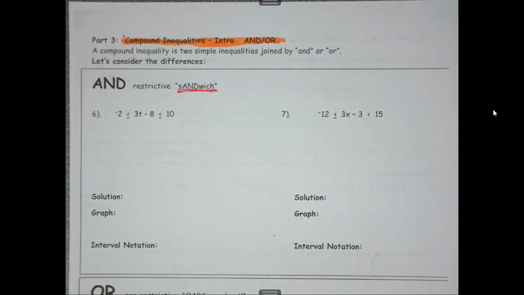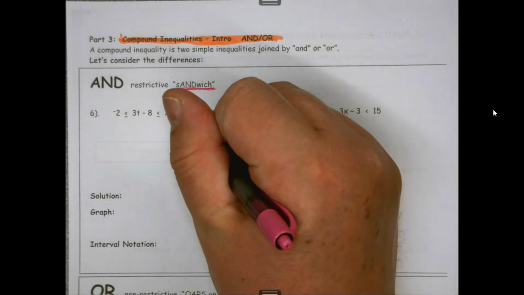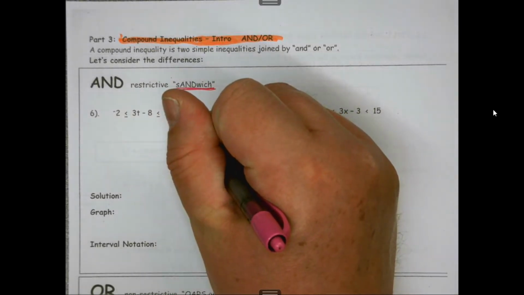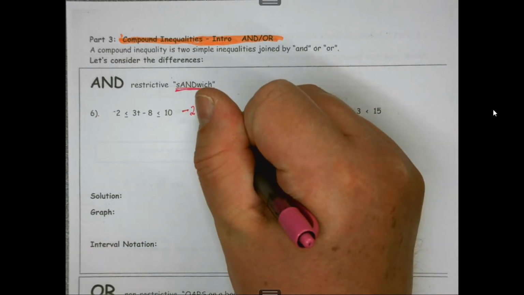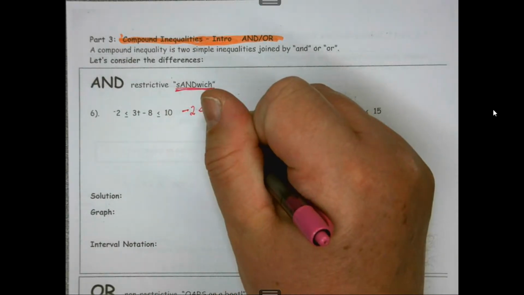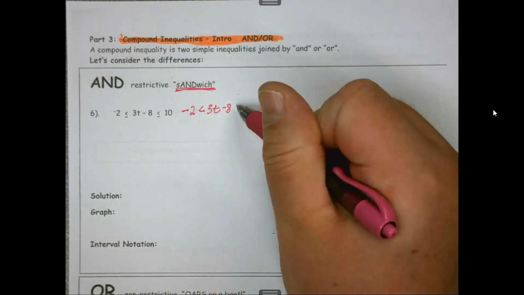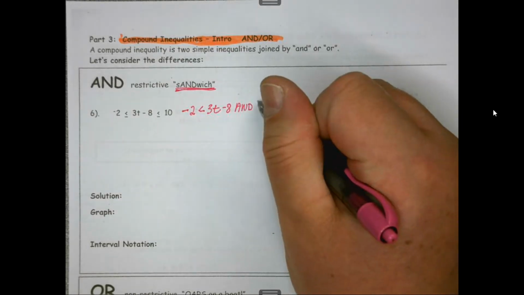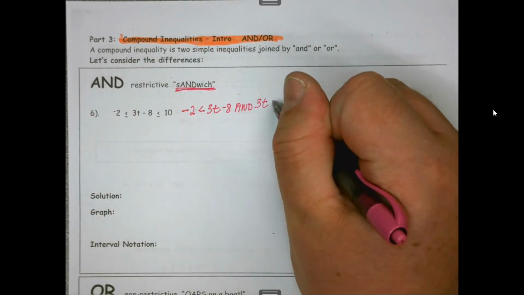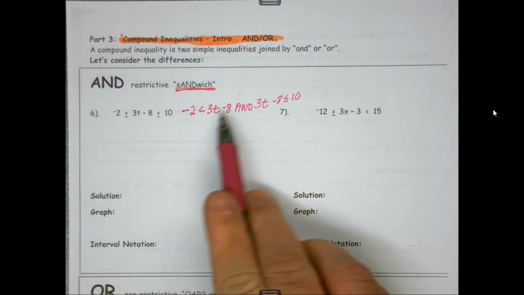If I were to expand this, these two inequalities would be negative 2 is less than the quantity 3t minus 8, and 3t minus 8 is less than or equal to 10. There are my two inequality statements.